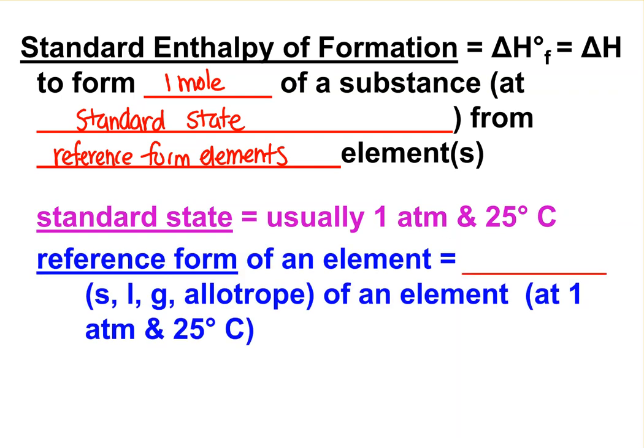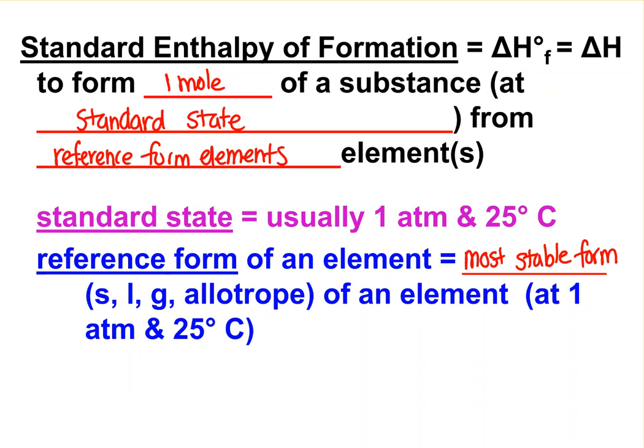The reference form element in general is the most stable form of an element at this standard state. There is one exception: ions in solution are actually sometimes more stable than the solid.